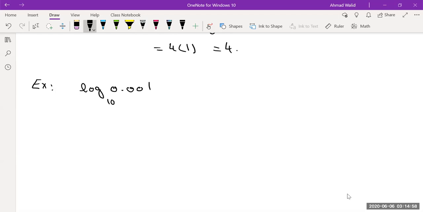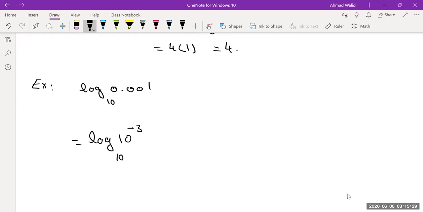Now, how to change 0.001 to base 10? You may use your calculator here, but the easy way, you don't even need a calculator. Instead of log of 0.001, can I write log of 10 to the power of -3? Changing this number from decimal form to scientific notation as a power of 10, and your base is 10.